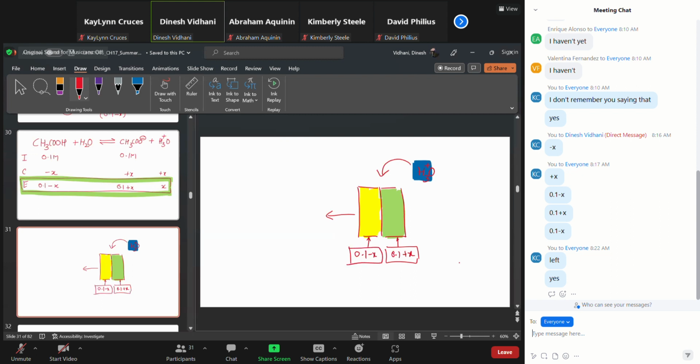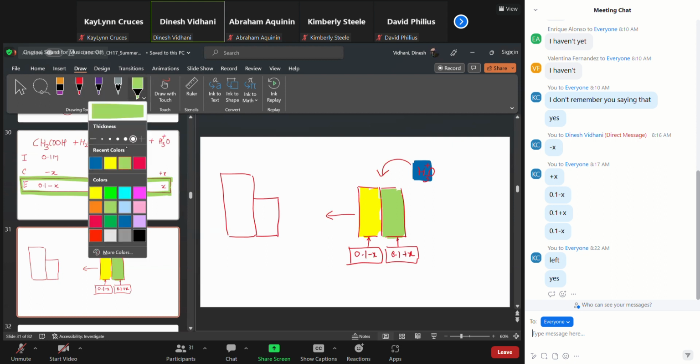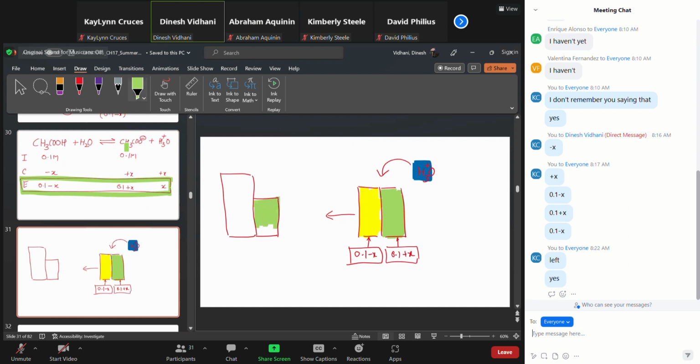Now I'm going to see more of acid and less of acetate ion. I've just exaggerated in the diagram so you can see it, but it's a tiny change. This is my acetate ion, which is left over, and this is my undissociated acid. Now that concentration has increased.